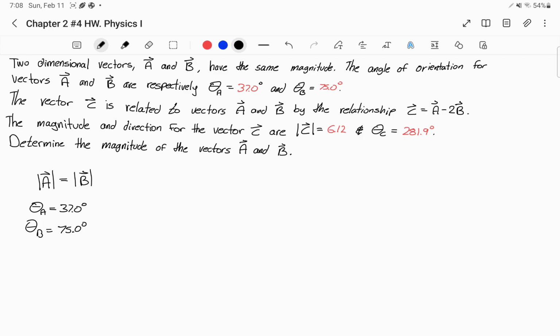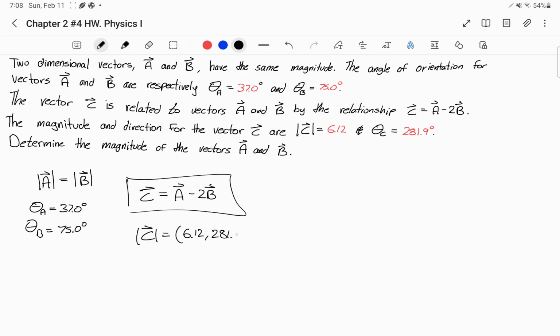Now, they're giving us a vector C. It says the vector C is related to vectors A and B by such a relationship. So the relationship is C is equal to A minus 2B. That is how the vector C is related to vectors A and B. The magnitude of the vector C is 6.12 and the angle is 281.9 degrees.